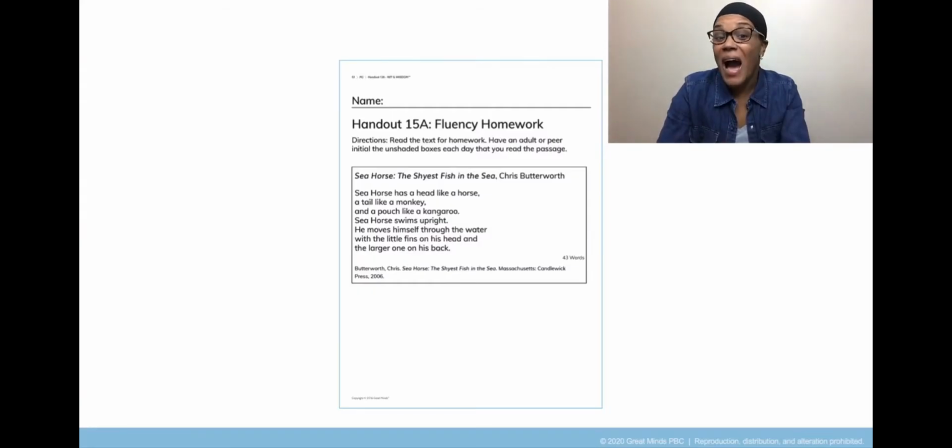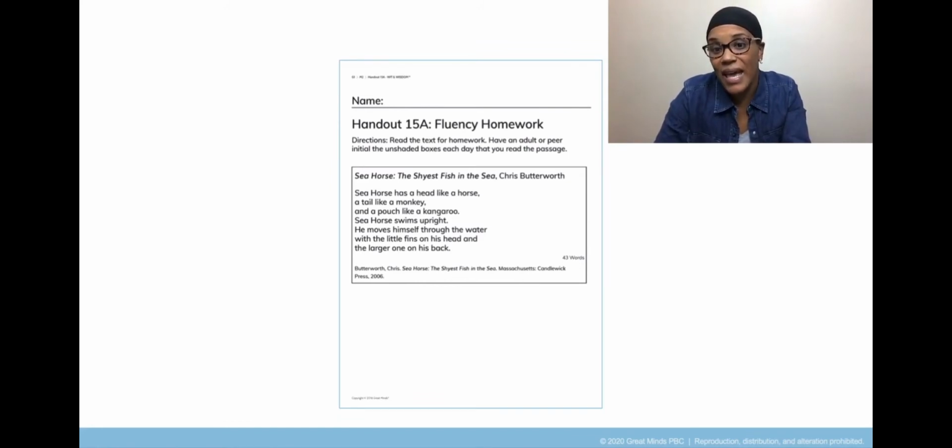All right, I am going to read this section from the fluency passage. And as I read it, I want you to be listening for the part where the author describes the seahorse's head, tail, and pouch. Listen carefully. Seahorse, the shyest fish in the sea.